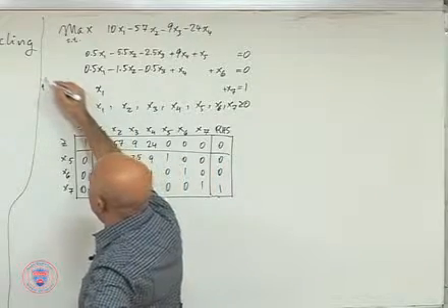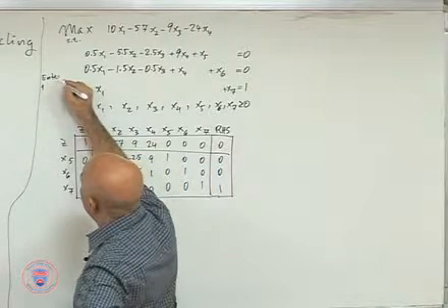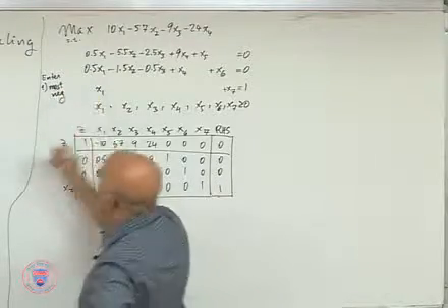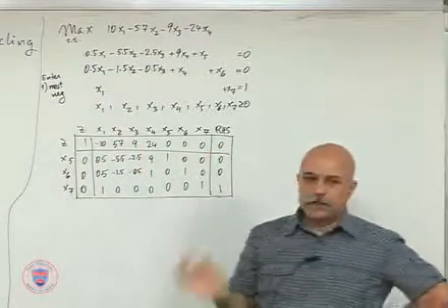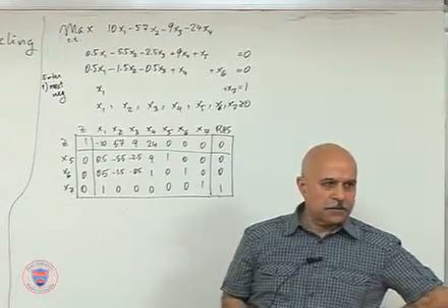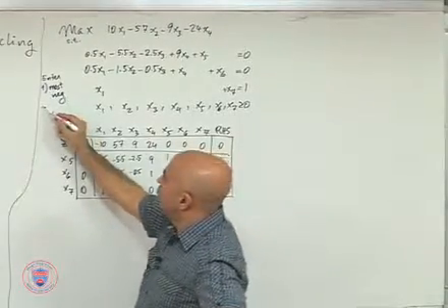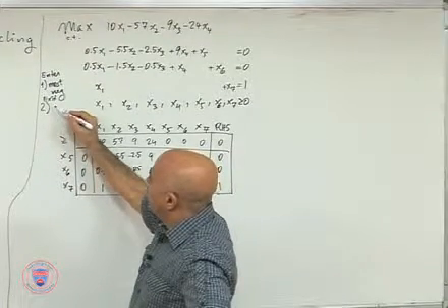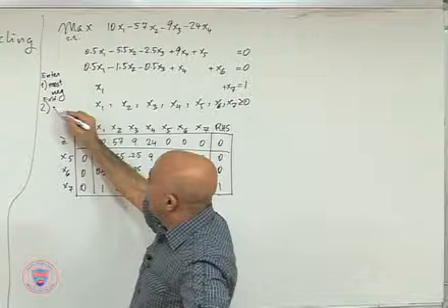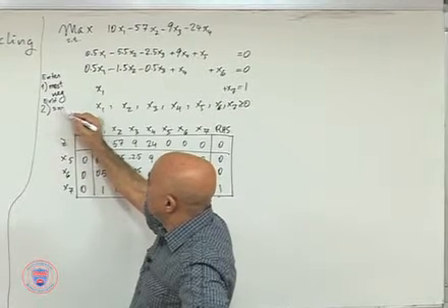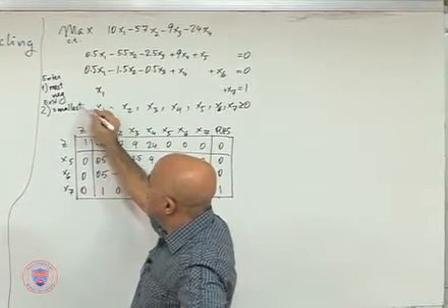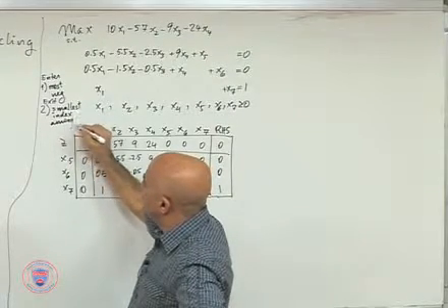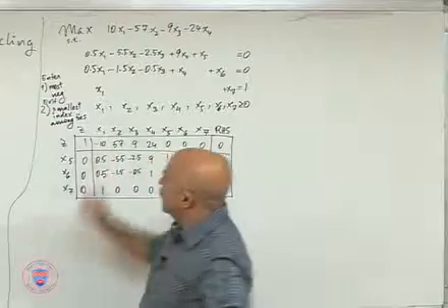For the entering variable, most negative, and if you have ties for the most negative, choose the one with the smallest index. For the exiting variable, smallest index among ties, if there are any.